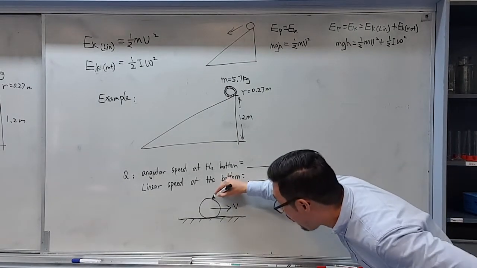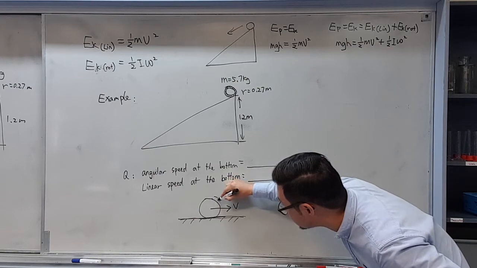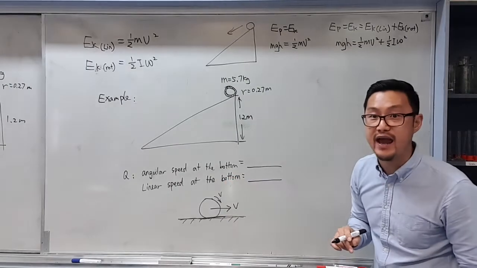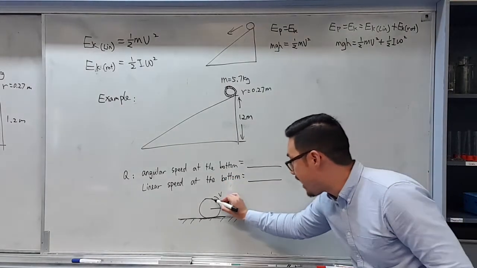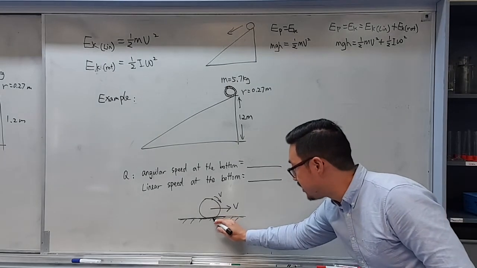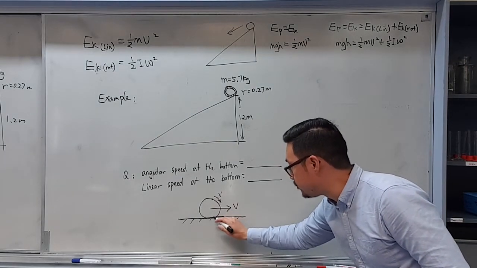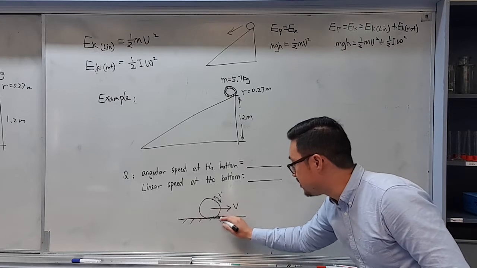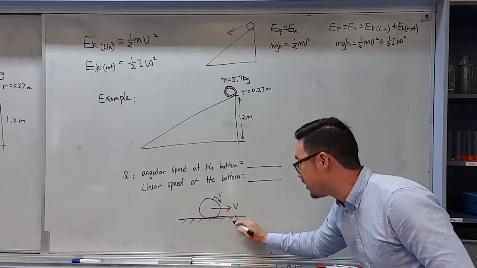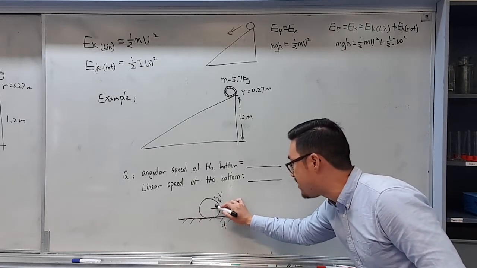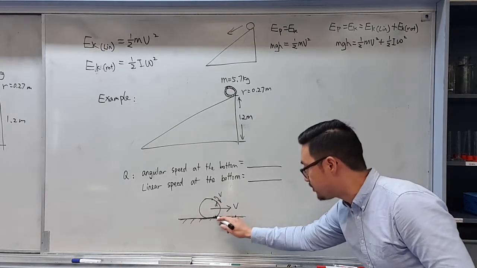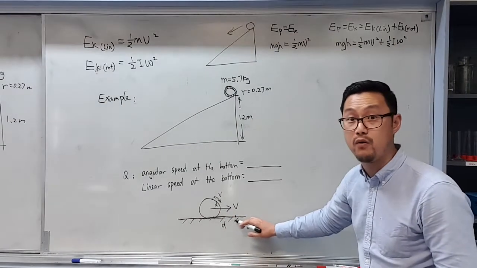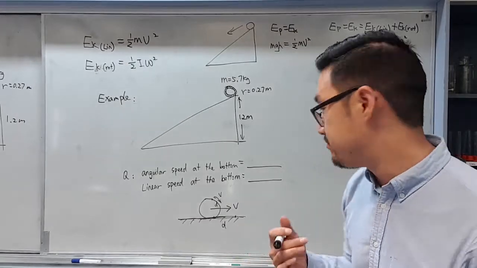Every point on the outside has a rotational speed of v as well. The reason is that the distance a point on the outside rotates is equal to the distance moved forward, and it takes the same amount of time.